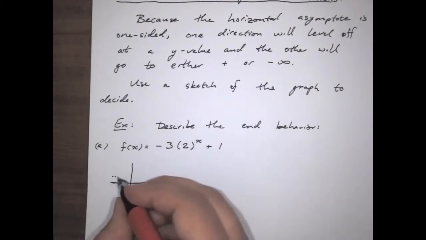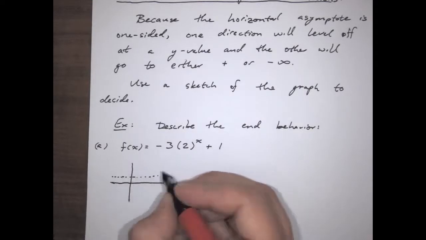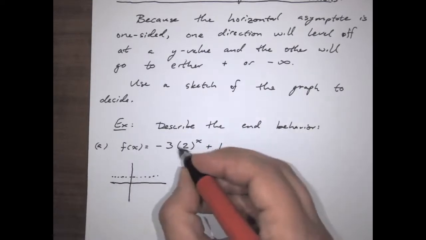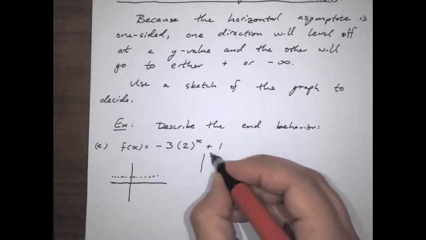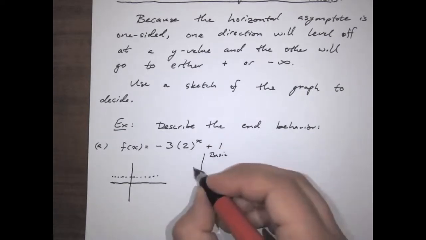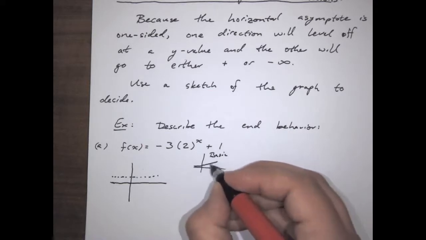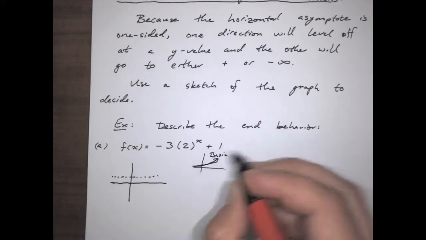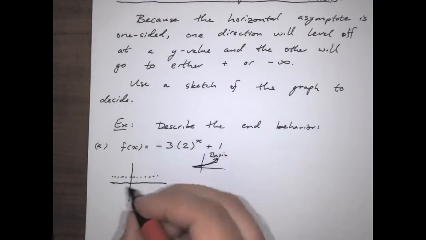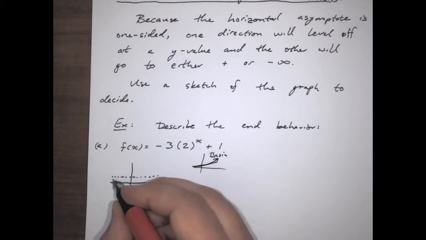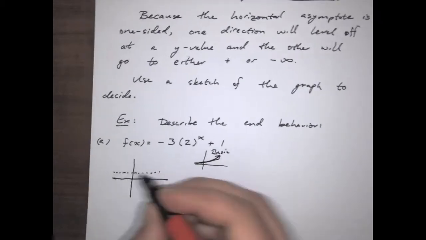That's the effect of that. And we also have exponential growth. So this is the basic. Exponential growth is going like that. And this amplifies it, but this makes it go downward. So it's growing away from its horizontal asymptote in a downward direction.